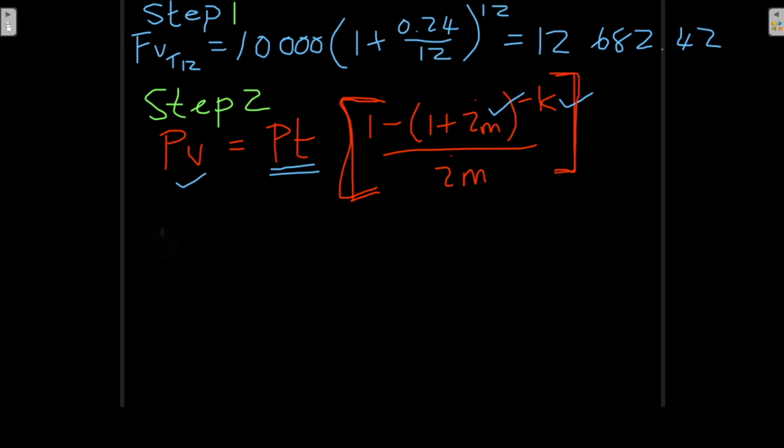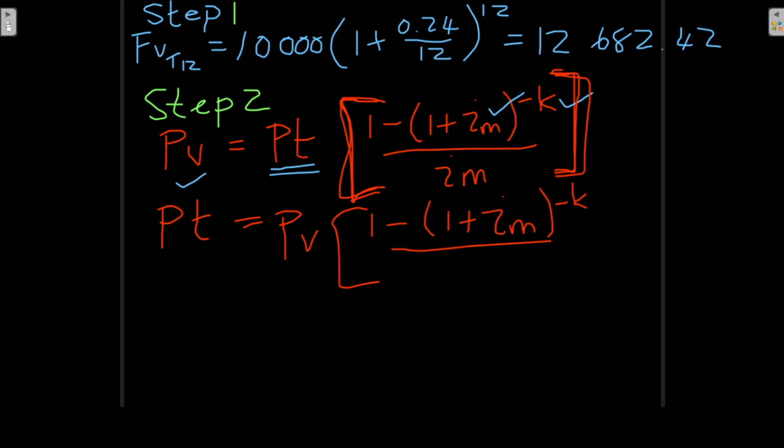It's the same as to say it's the present value multiplied by this factor to the power -1. So that's the factor, and I take it to the power -1. And now I can just do my substitutions.